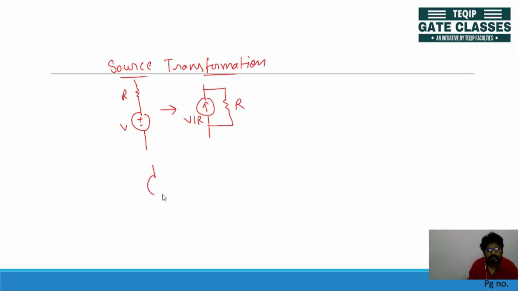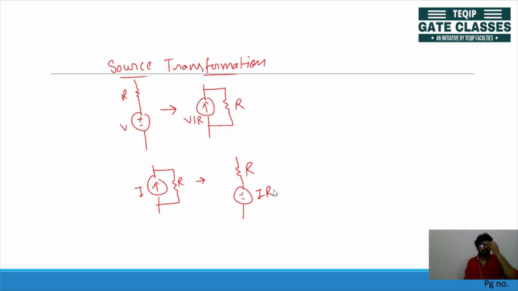If we have a current source I with a parallel resistance R, we can change it into a voltage source with series resistance. The resistance will be the same R, and the value of the voltage source will be I into R. So we can use this for our convenience.